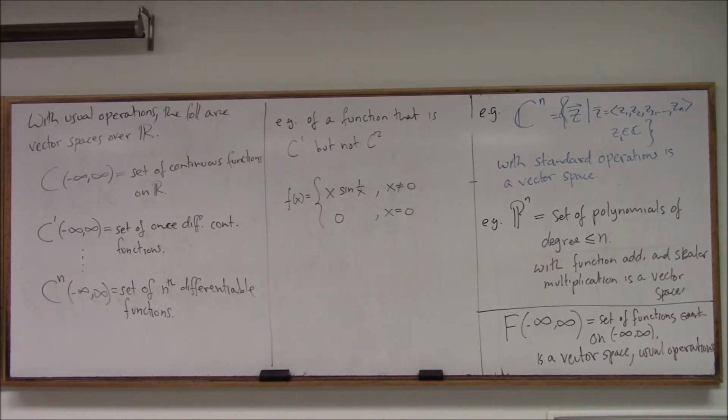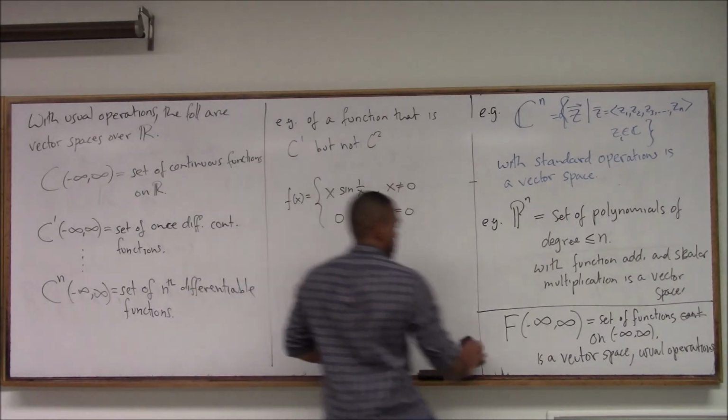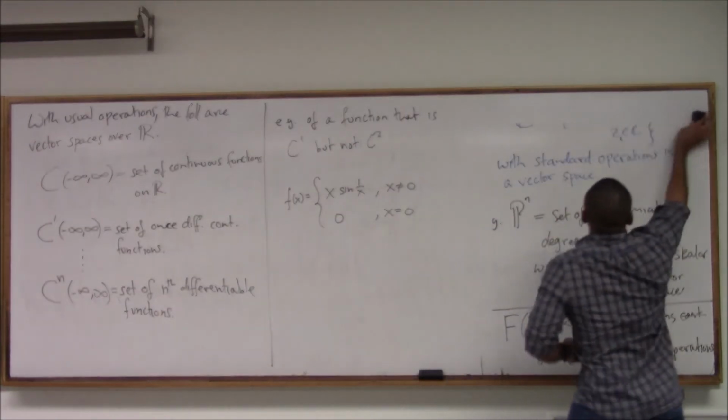I spoke about matrices already, I think. I'm really just powering through examples here. I really want you to go over all these things and try to justify to yourselves why. What other example do I have? Here's another example.